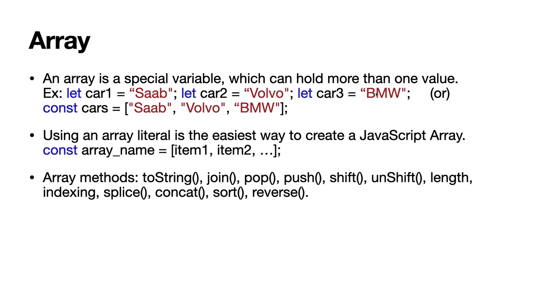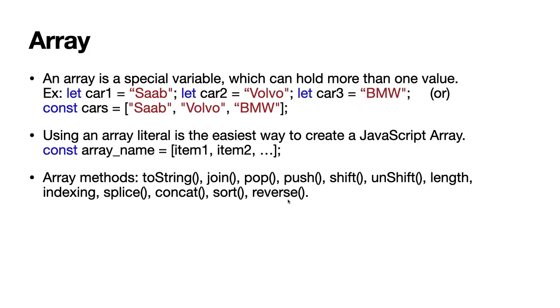Instead of doing that separately, you can just say const cars equals Saab, Volvo and BMW. So you can create an array with an array literal, that's nothing but inside square brackets you can put item 1, item 2, anything you want.